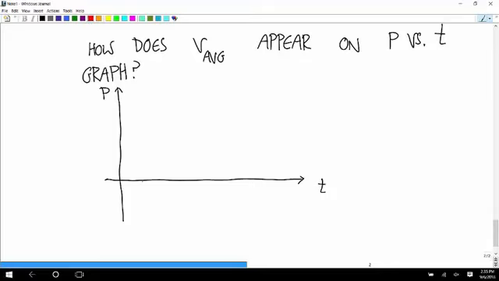And let's say that the object that represents its motion, and let's say that this is T1. That's the earlier instant.